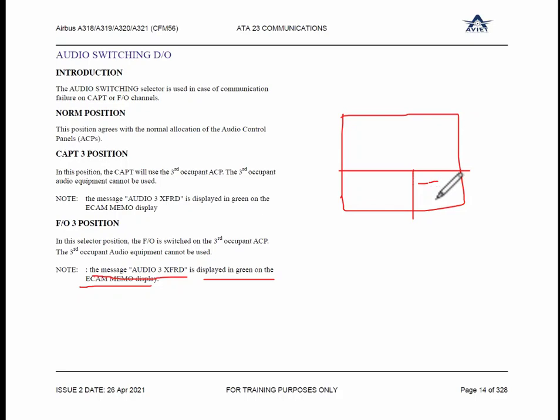This is the memo section of the engine warning display page. This is the EWD. So on the EWD, you will get the message audio 3 transferred. So the pilot will remember, hey, I have transferred the audio 3, or the captain has transferred the audio 3. Clear?